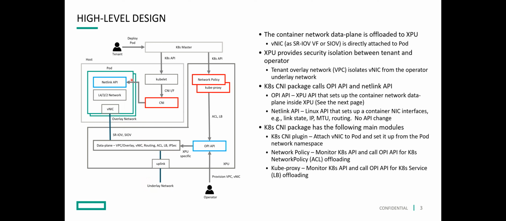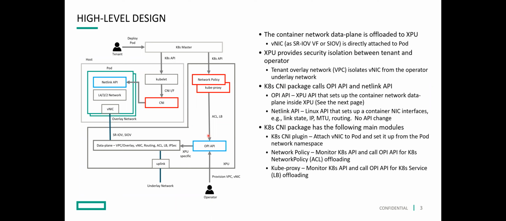And the host side can only consume the VNIC provided. And this host has no access to the XPU side, which is considered to be an infrastructure managed by the operator. So this host side has no access to the OPI API in this design.